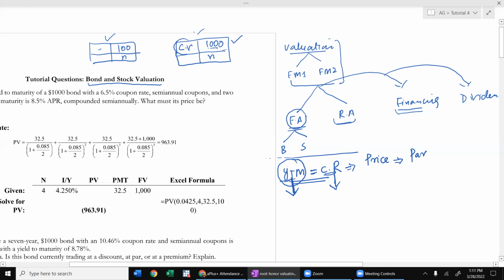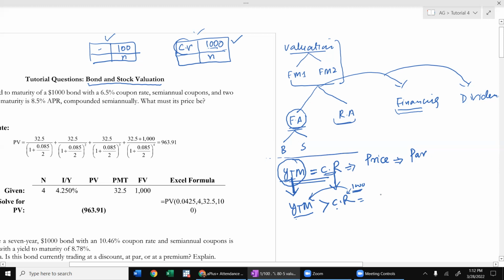So if the market is offering you more than the coupon rate, will you be happy to buy this bond at 1000? No, you will say, sir, since the market is offering us a higher rate of interest than this coupon rate, we are not going to pay 1000, because if you invest this 1000 somewhere else in the market, you will get a higher interest rate, but this bond is giving you less.